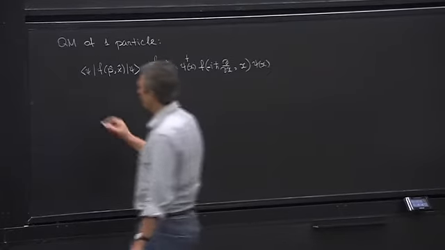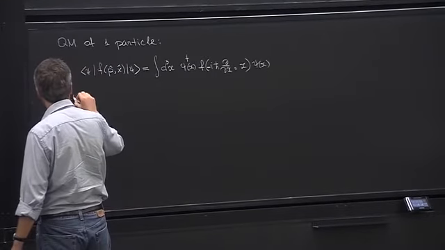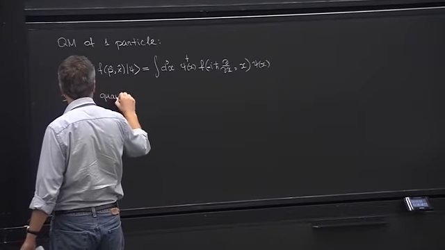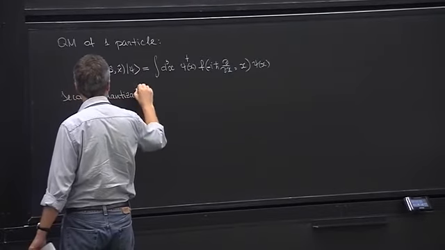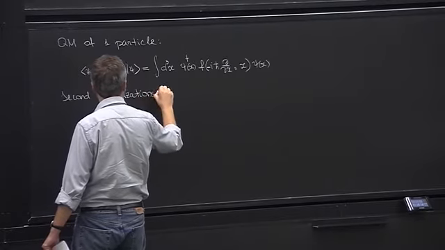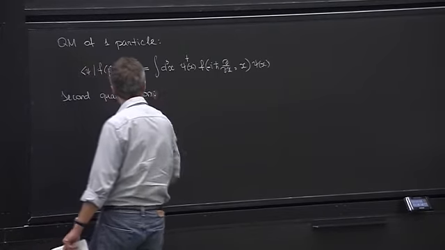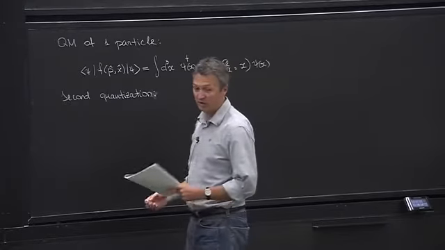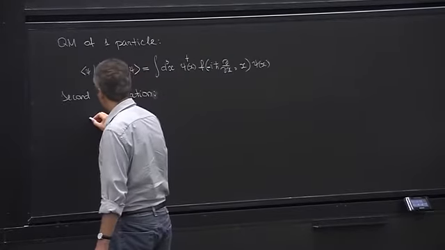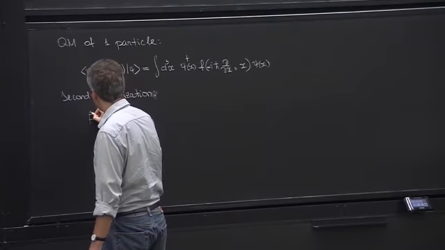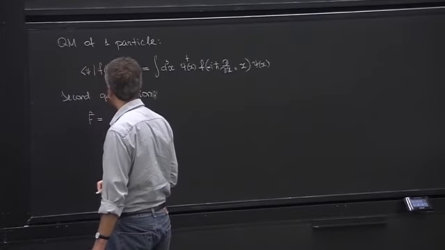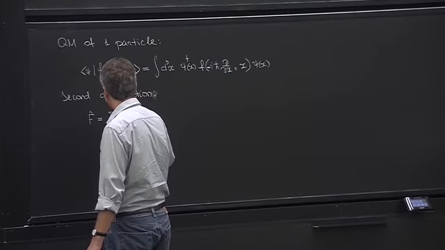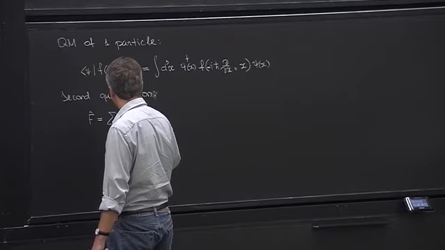Now there is a nice analog of this formula in the second quantized framework. And this formula looks like that. So suppose that you have an operator, let's call it F, which acts on each particle at a time.